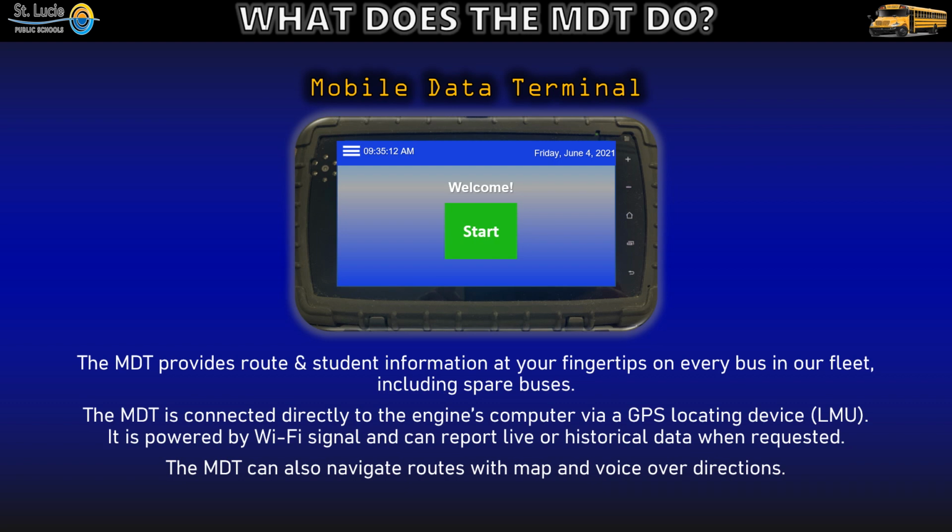The MDT is connected directly to the engine's computer via a GPS locating device. It's called an LMU. It is powered by Wi-Fi signal and can report live or historical data when requested. The MDT can also navigate routes with a map and voiceover directions.